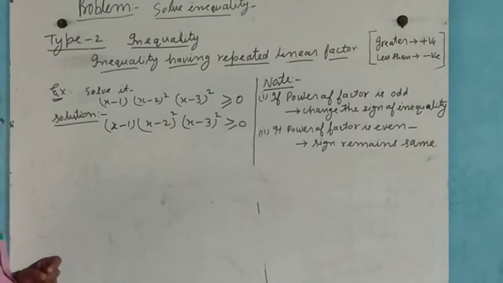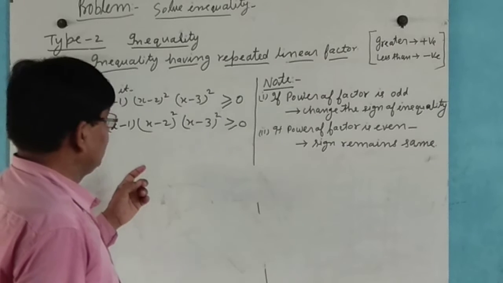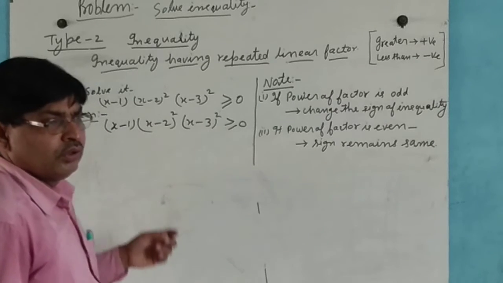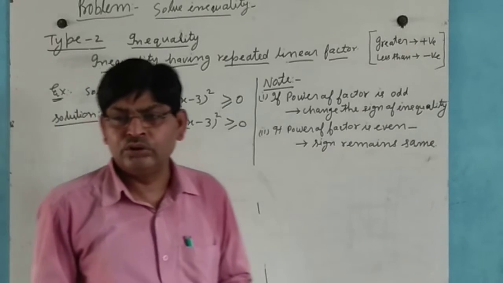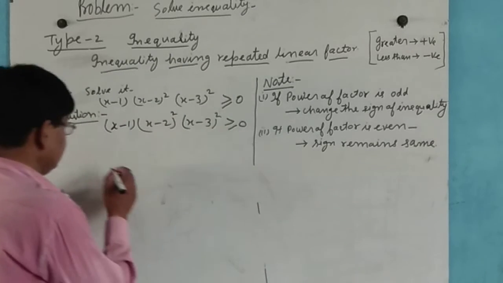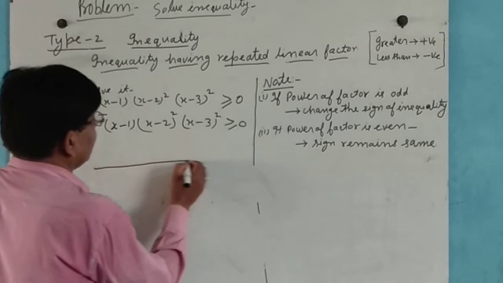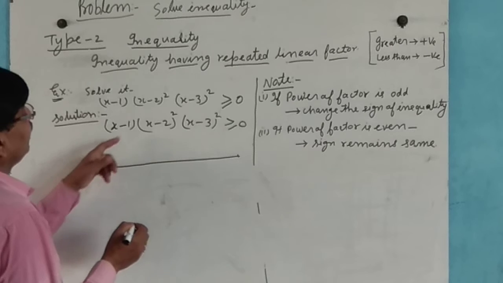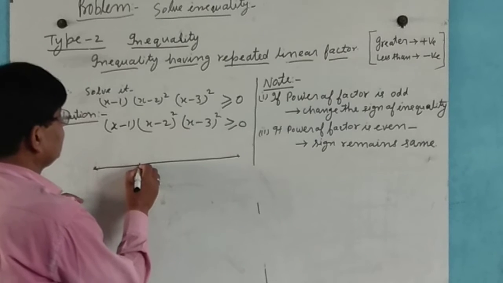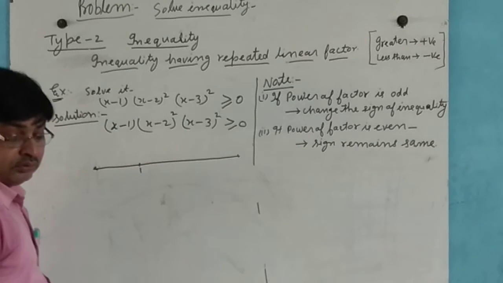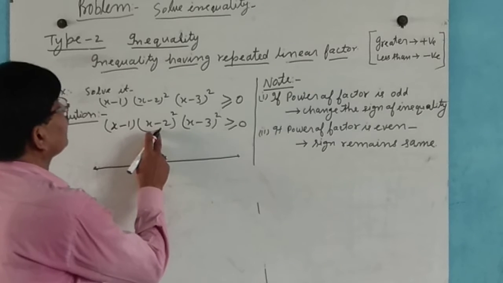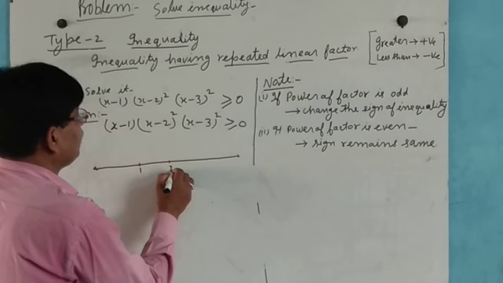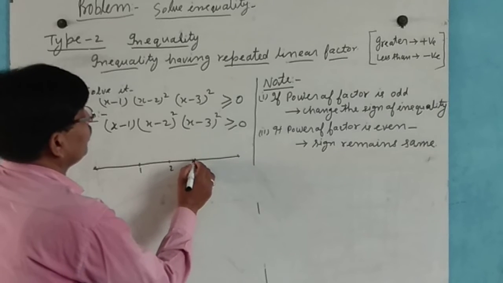Now we equate each factor equal to 0 and we get the value of x. Here this is the line, and x is equal to 1, x minus 2 equal to 0, x is equal to 2, x minus 3 equal to 0, x is equal to 3.